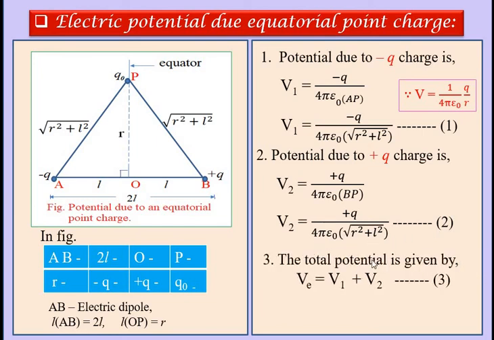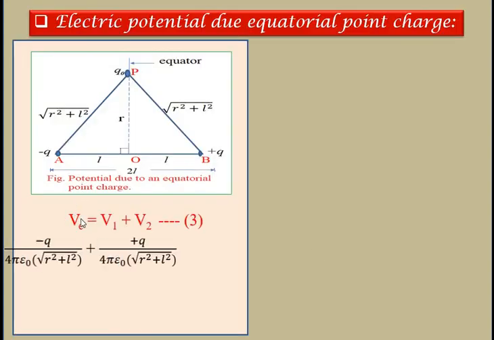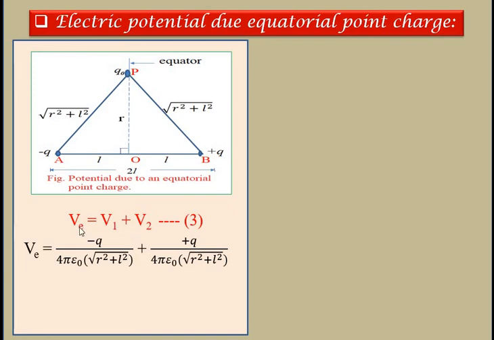The total potential at a point P, that is point P is the equatorial point, VE is equal to the addition of these two equations, that is V1 plus V2. Putting equation 2 and equation 1 in equation 3, we get: equation 3, VE is equal to V1 plus V2.